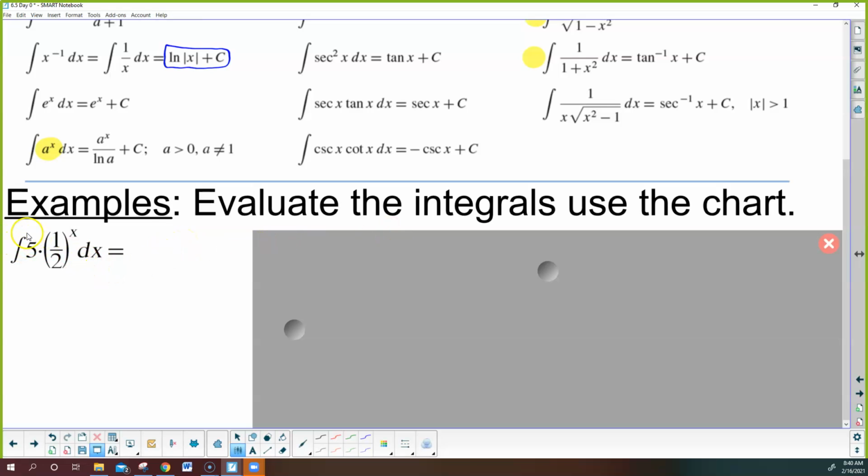Okay, when we look at this first one, I have the integral of 5 times 1/2 to the power of x. And you have to pay attention to what the function is saying. Notice that 5 is a multiplier. So one of the big skills that we want you to learn is if you have a multiplier in an integral, you can pull that out.